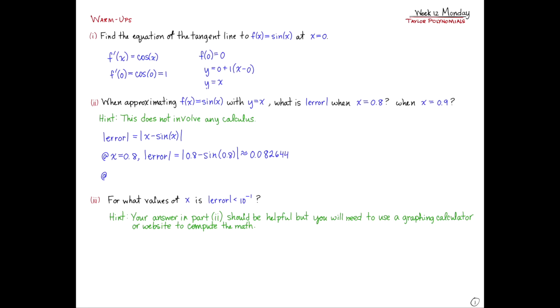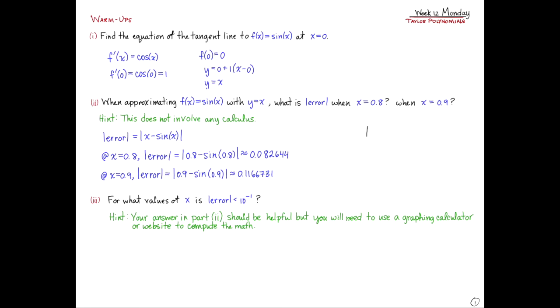At x equal to 0.9, the size of the error is equal to the absolute value of 0.9 minus sine of 0.9. Plugging that into our calculator, we get that this is approximately 0.116671.